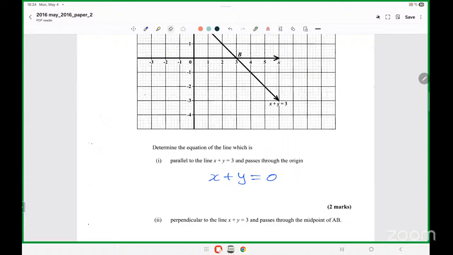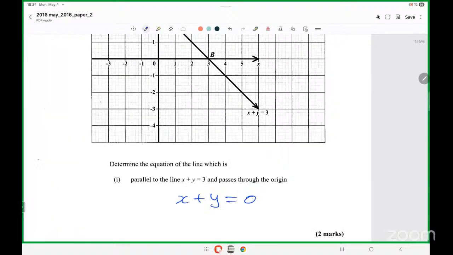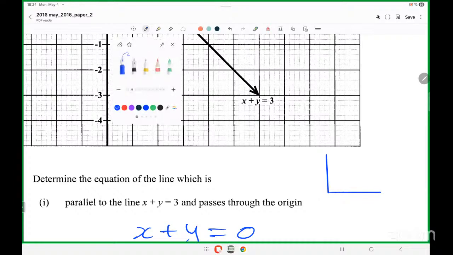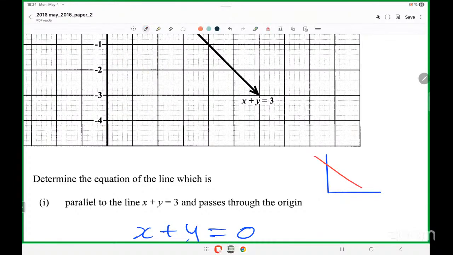Remember your lines, like this; put a little sketch. Lines go like this, crossing up here at n and on this side at n.